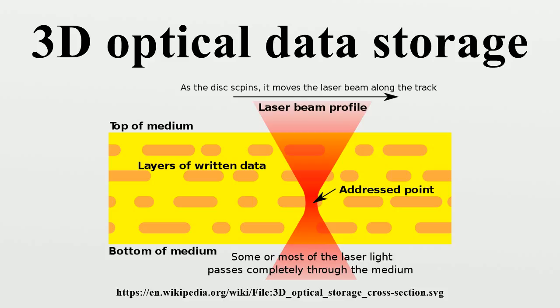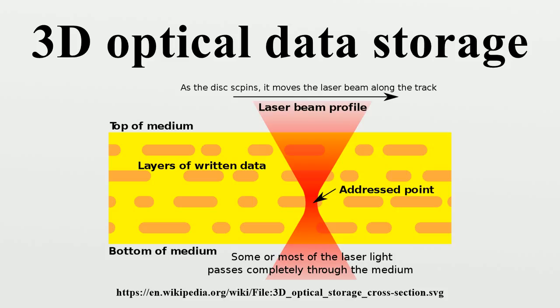As an example, a prototypical 3D optical data storage system may use a disk that looks much like a transparent DVD. The disk contains many layers of information, each at a different depth in the media and each consisting of a DVD-like spiral track. In order to record information on the disk, a laser is brought to a focus at a particular depth in the media that corresponds to a particular information layer.